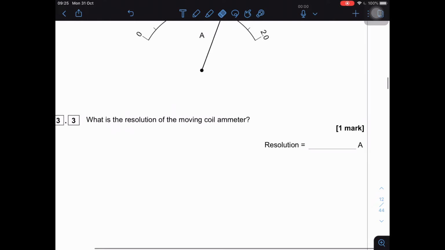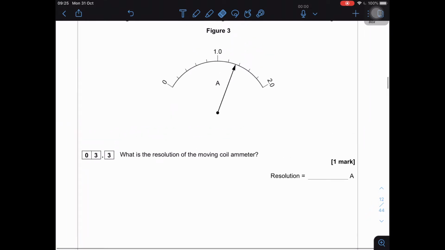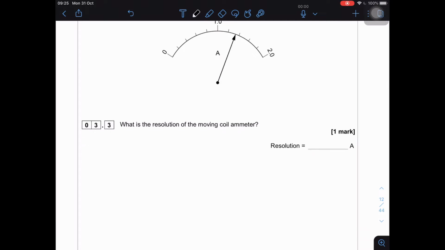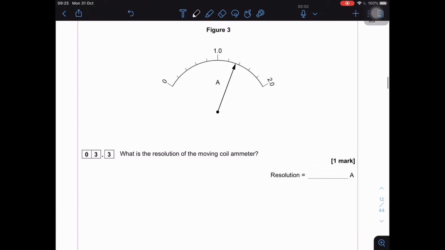Alright, 3.3. What is the resolution of this moving coil ammeter? Resolution means what each of these readings means. For example, from 0 to 1, how many divisions are there? 1, 2, 3, 4, 5.